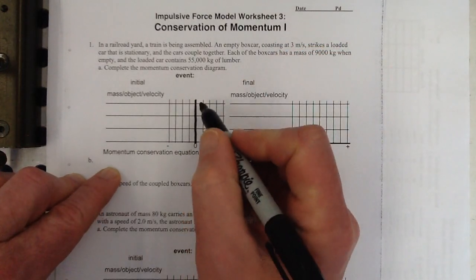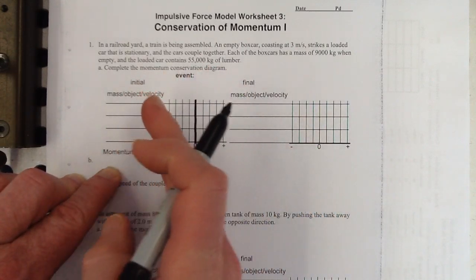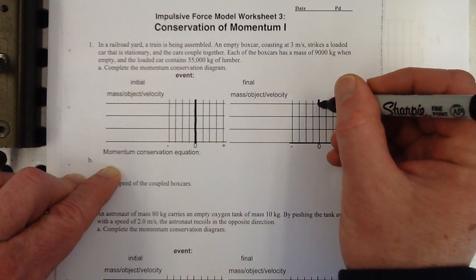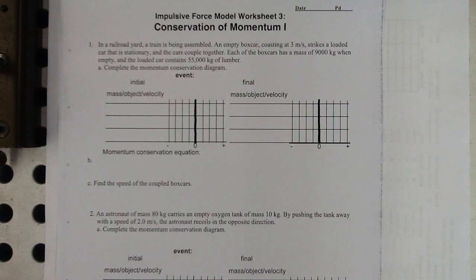But this will help us see, like, I've got this much positive and I've got this much negative, so it has to add up to what this total is, and that my total on the other side would have to be the same. So we'll do an example in class, and I'll also show you on this sheet how we're going to do our accounting for momentum.